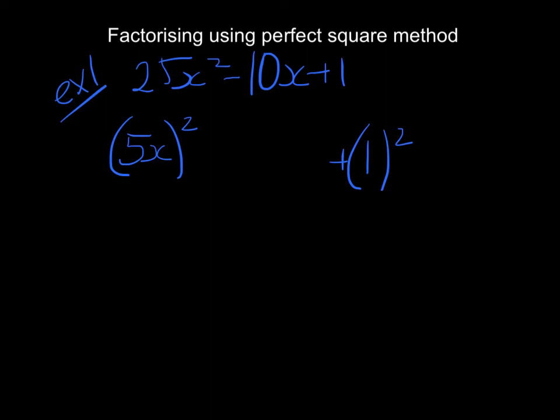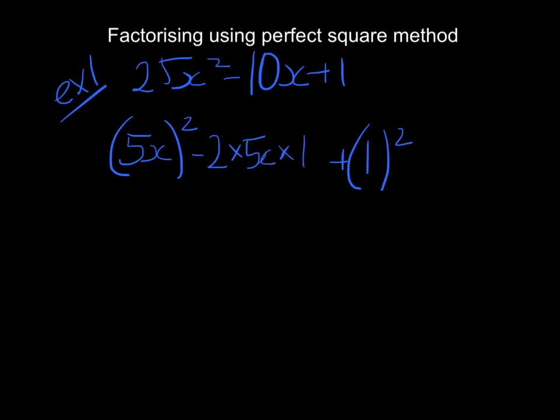Okay, so now I'll look at the middle and I say, well, is that 2 times what I've got in my brackets now? So I've got 5 and 1. Is this 2 times 5 times 1? So 5 times 1 is 5, times 2 is 10. And the x, yes, okay, so I know that that actually is 2 times 5x times 1.